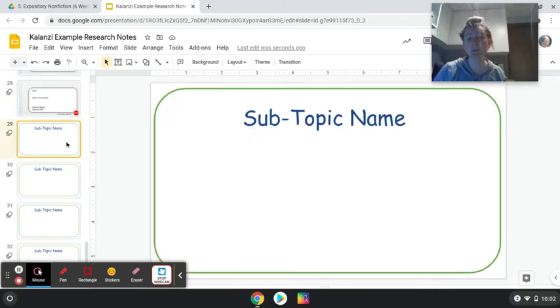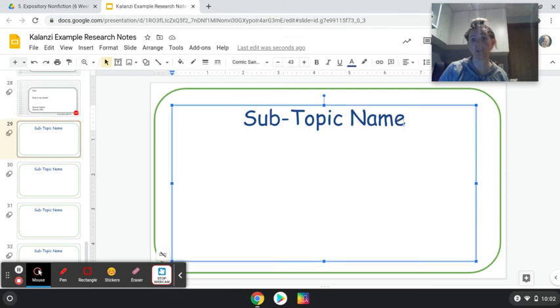And then you have these ones where we're creating subtopic names. So I want to think about the information that I had in my notes and what that information was about. And so for me, I know I talked about causes of tsunamis. So that might be one of my subtopics. So I'm going to change this to causes of tsunamis.